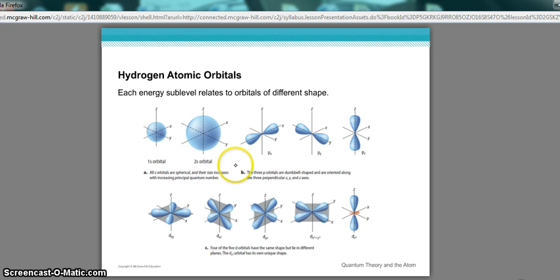If the electron is in a P sublevel, it's going to be in this kind of dumbbell infinity shaped orbital. Remember, these are three-dimensional, okay? If it's in a D sublevel, then it's going to be in these kind of funky looking clover shaped sublevels. So the different sublevels represent different shapes of 3D spaces where the electrons are found.